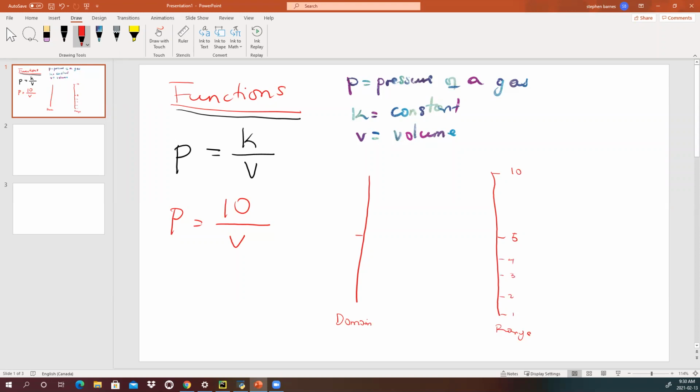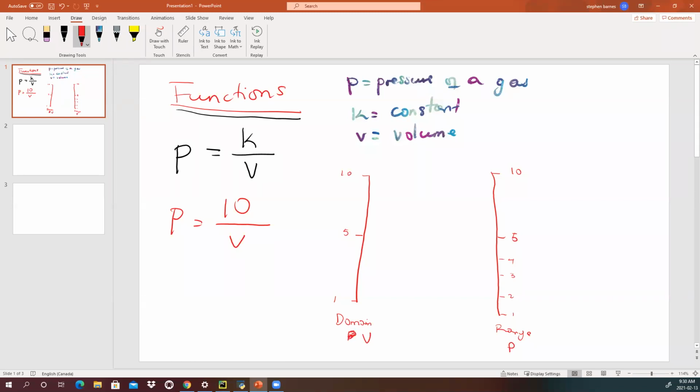You get the picture. I'm going to put in all of the numbers for the sake of time. All right. So this is what we call a mapping, just a simple mapping diagram, right? And our domain is V, which is the volume, and our range is P, the pressure that we're talking about.